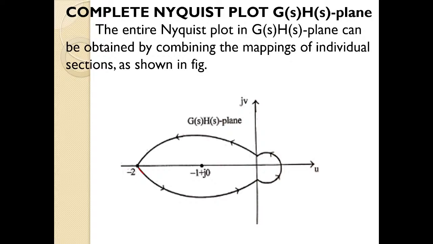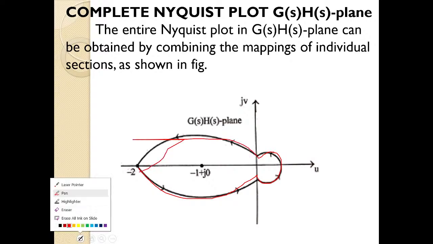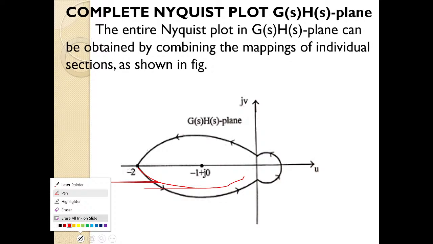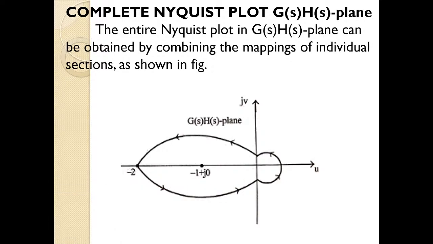This is our C1 section contour. This is our C2 section contour. This is our C3 section contour. So combine all the contours.